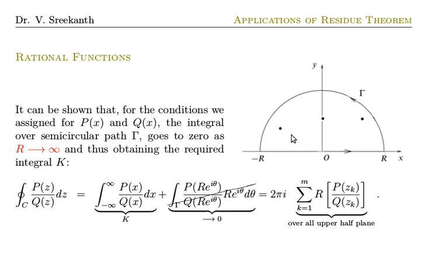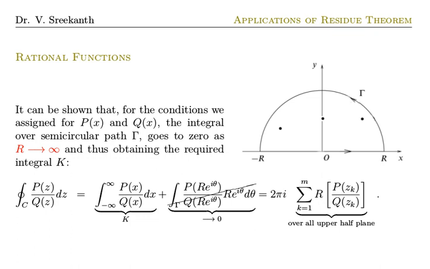And you let r go to infinity, so that it becomes minus infinity to plus infinity. This is what we wanted. And for such p and q, it is always seen that the other, non-trivial part of the integral, which is around gamma, goes to 0. So by a clever manipulation, you got the desired real integral just by evaluating the residues.